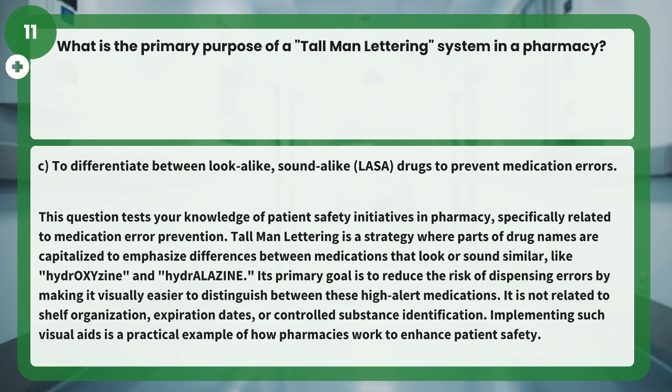Its primary goal is to reduce the risk of dispensing errors by making it visually easier to distinguish between these high-alert medications. It is not related to shelf organization, expiration dates, or controlled substance identification. Implementing such visual aids is a practical example of how pharmacies work to enhance patient safety.